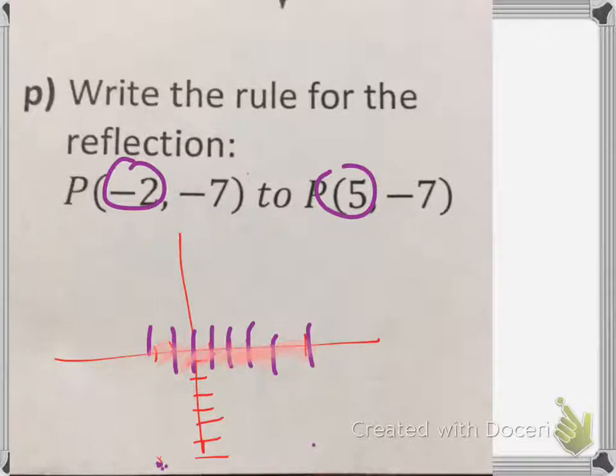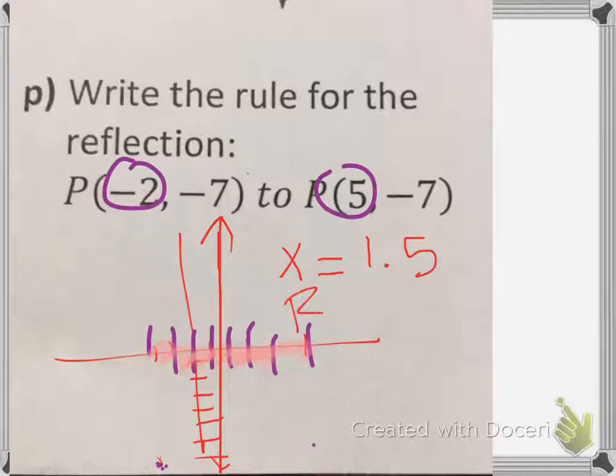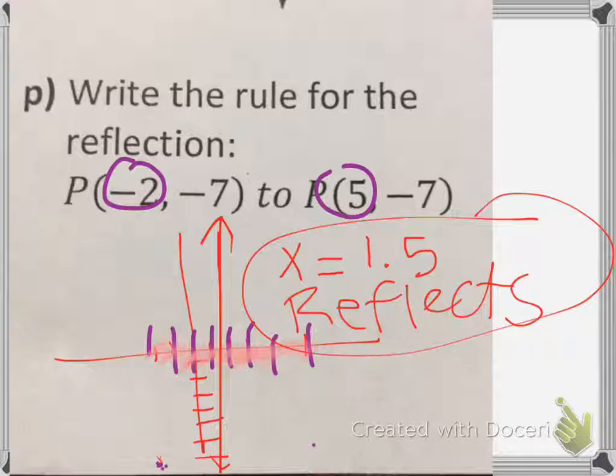So in order to figure out where that line of reflection would be, it would be 7 movements divided in half, so 3.5 movements. So this is a funny reflection because it actually reflects over x equals 1.5, I believe. So we're just going to say it reflects over the line x equals 1.5.